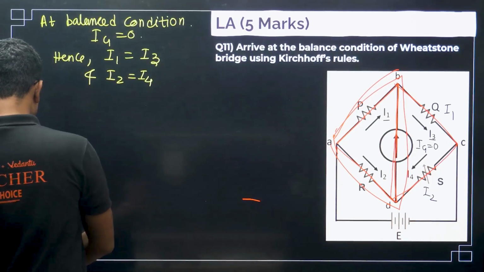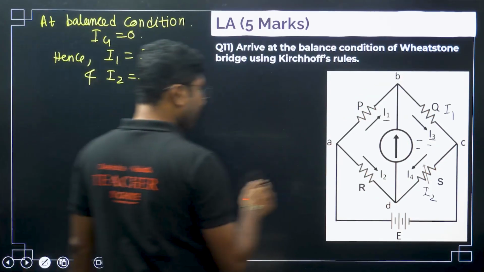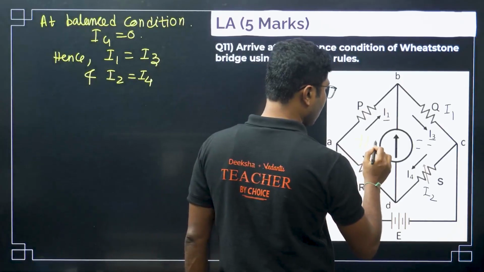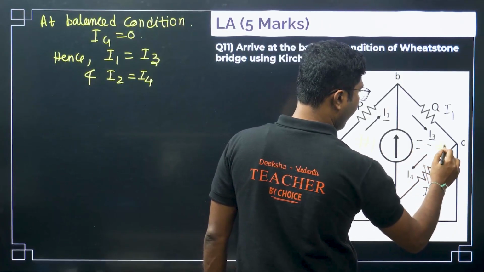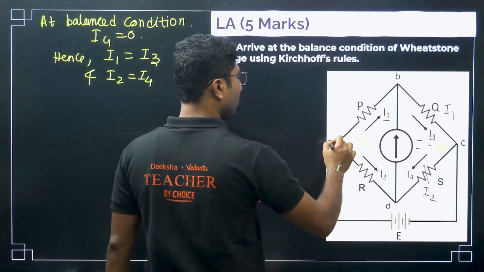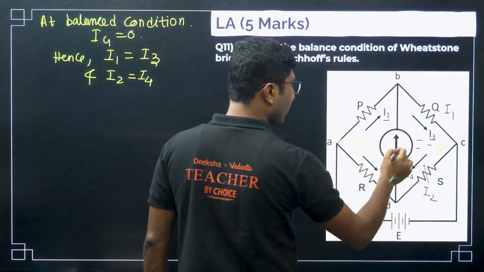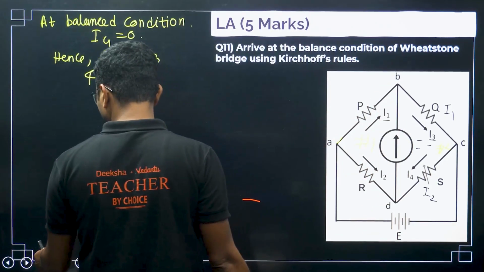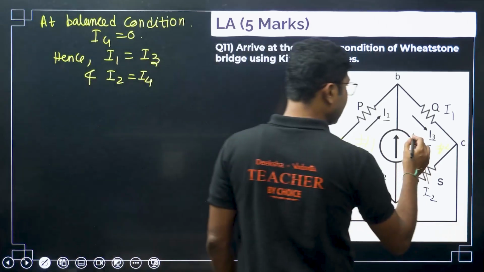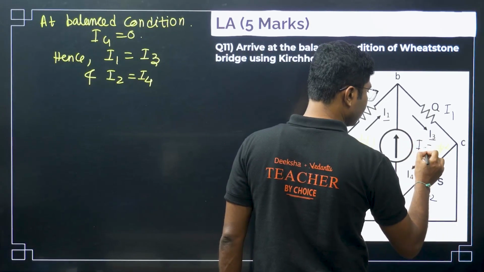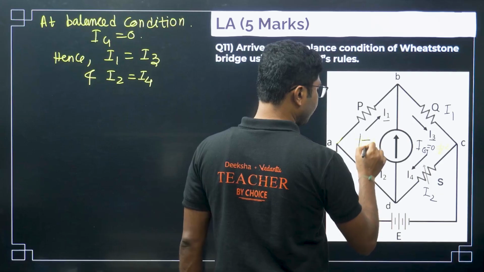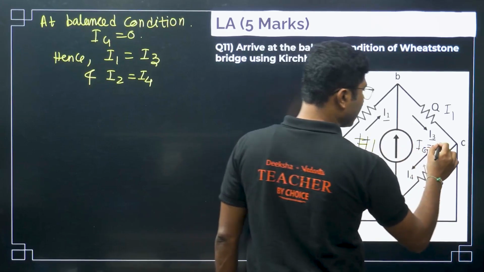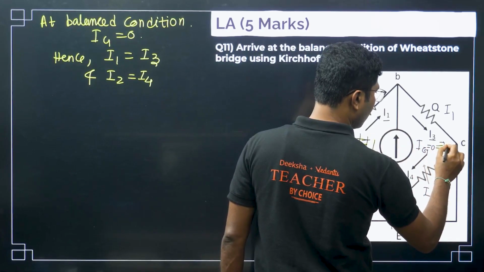This is our loop 1, this is our loop 2. The first loop starts here, going here. Now the current through this is 0, the current is 0 over here. So this is my loop 1, this is my loop 2.